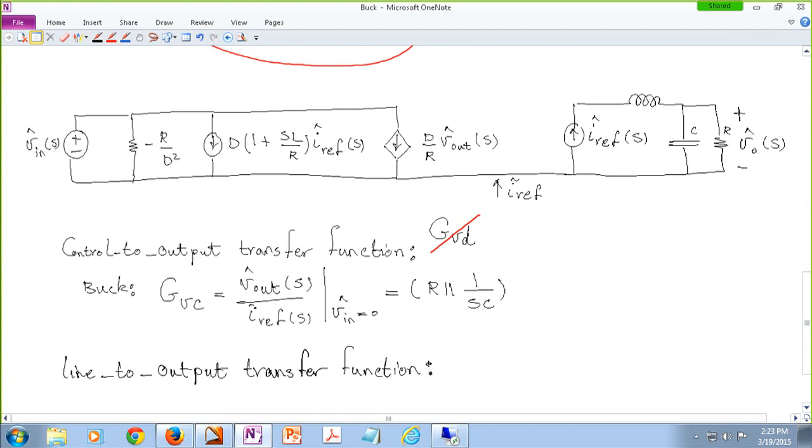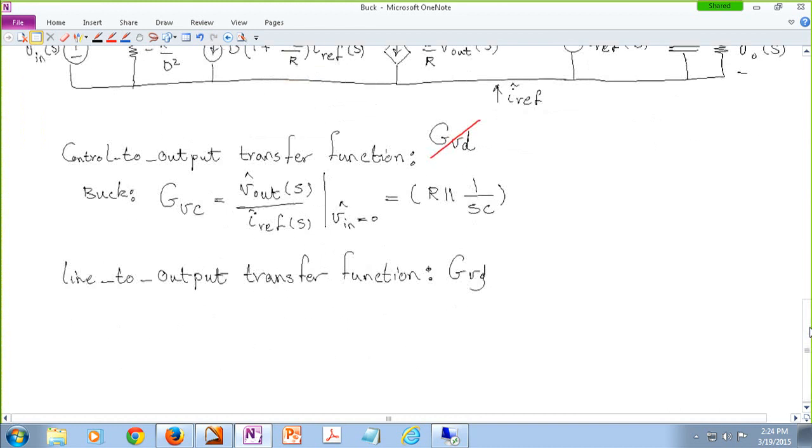Now here, since line is line and output is the same output, so still we are using GVG as our symbol for this particular transfer function.